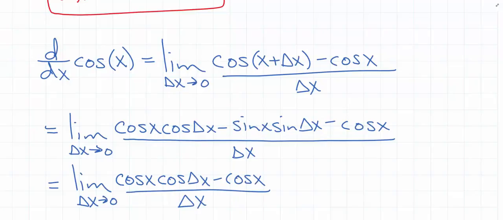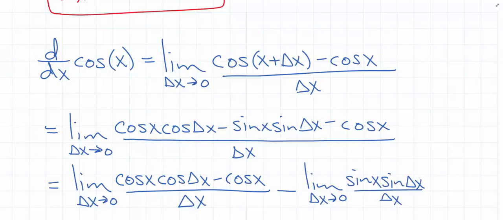Now, when you see a negative, proceed with caution. Slow down, because I've got this minus here, so be careful. Go ahead and put that there. And then I've got the limit as delta x goes to 0 of sine x, sine delta x over delta x.